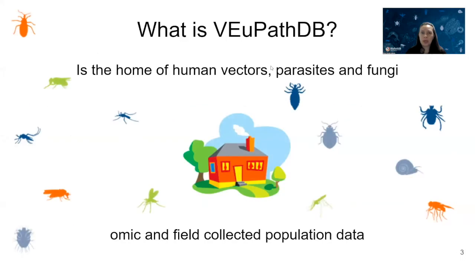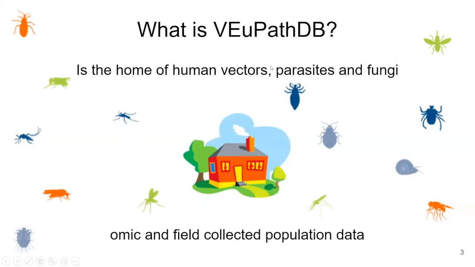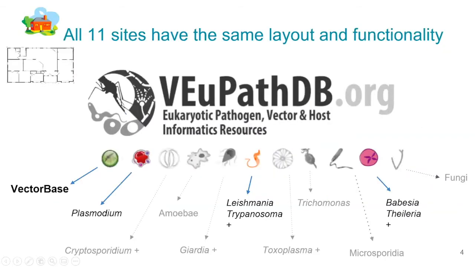What is ViewPath? ViewPath is the home of human vectors, parasites, and fungi. These three types of organisms. And for these three types of organisms, we have both omics and field collected population data. If you keep in mind that ViewPath is the home of these organisms, this home has the same layout for the different component sites.